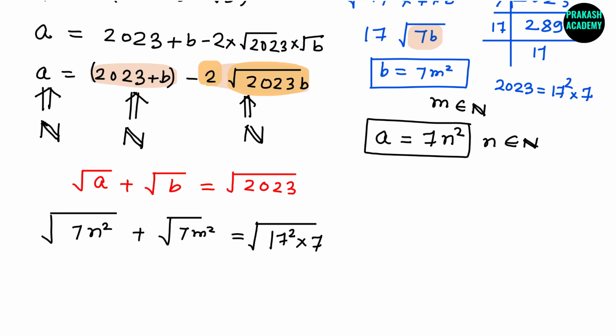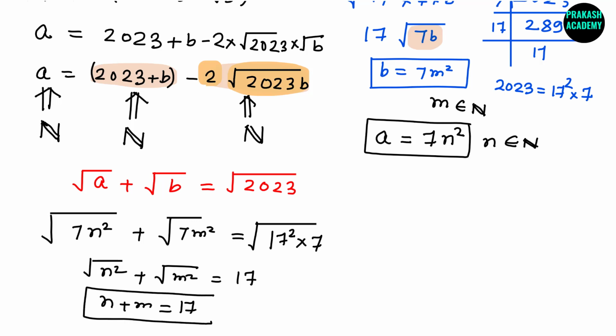So root 7 will cancel out. So this will be simply n plus m is equal to 17, because root of 17 square is 17.